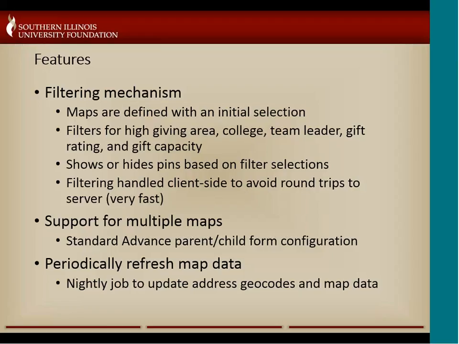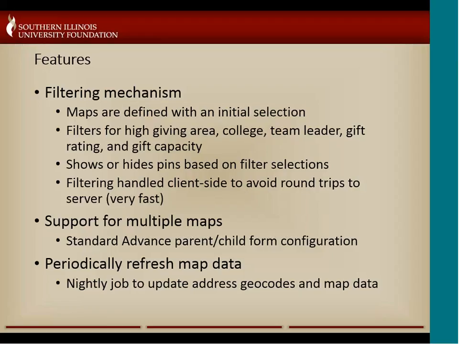It basically will show or hide the pins based on those selections in real time. We handle all the filtering, back to the technical side, on the actual client's browser. Whenever we load the map, it basically pulls it all to the client's browser, and then when they filter, it happens without having to make a round trip back to the server. So it's really, really fast for the filtering part.